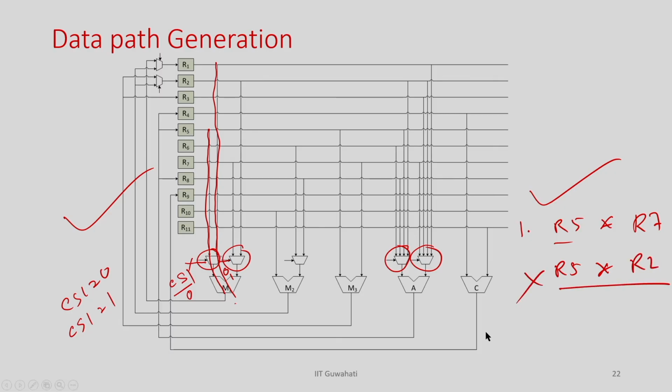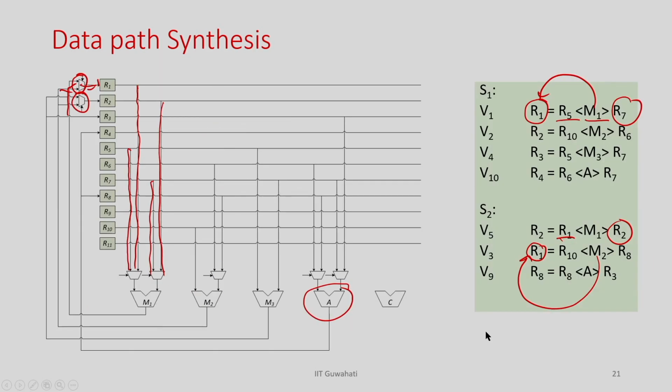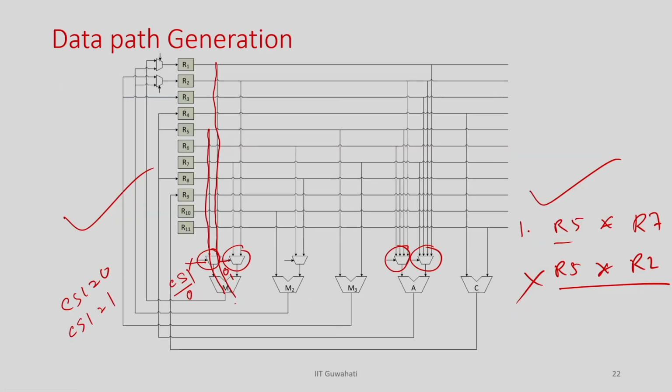I do not need that, because I need to execute R5 into R7 in clock 1. So, in the first clock I should give 0 0, not 0 1, and the next clock I should give 1 1. So, 0 1 and 1 0 are not valid inputs for these two multiplexers.